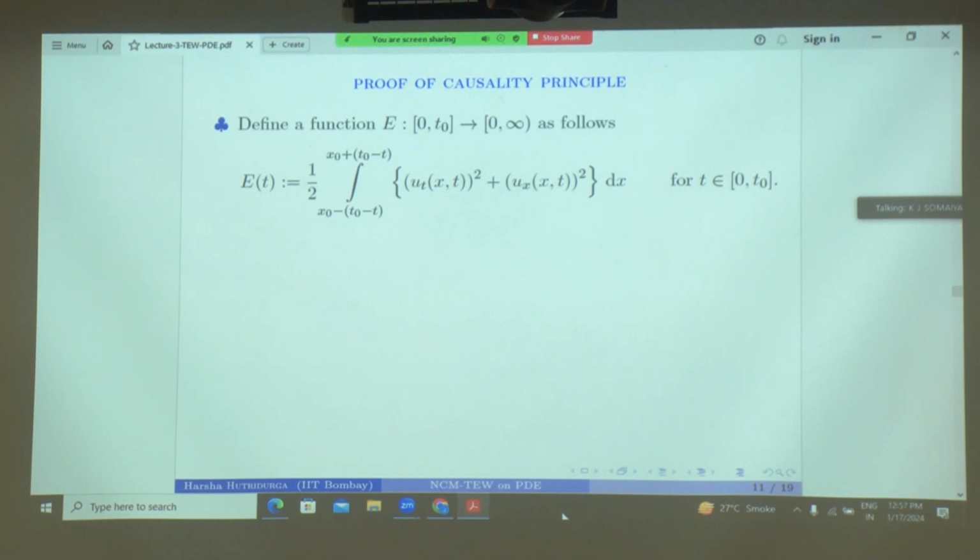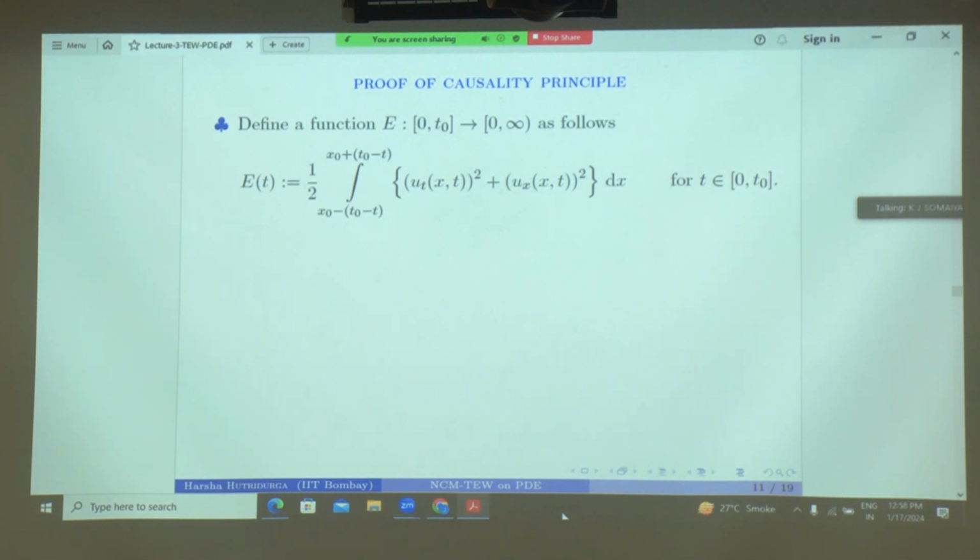That means when t is equal to 0, you are integrating ut square and ux square on this red line. When t is something between 0 and t naught, you are integrating that function ut square plus ux square on this line. So essentially, when little t runs from 0 to t naught, you are integrating along each of these lines. There are infinitely many of them. You are simply integrating.